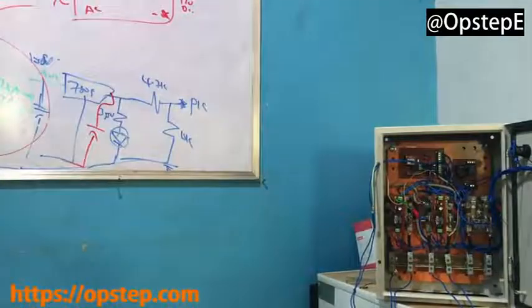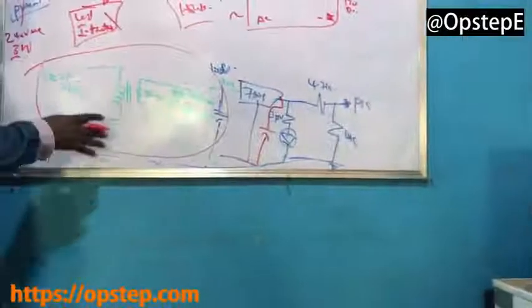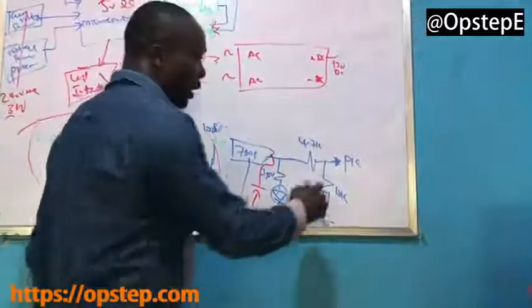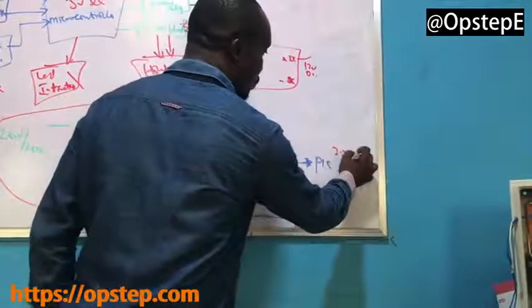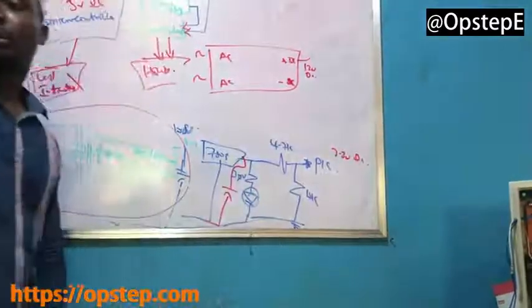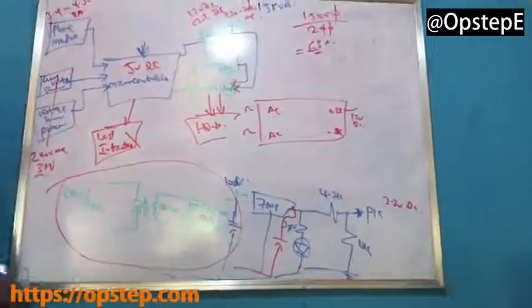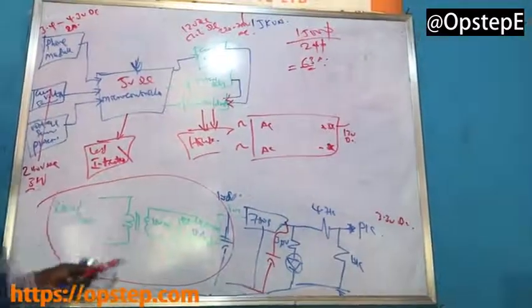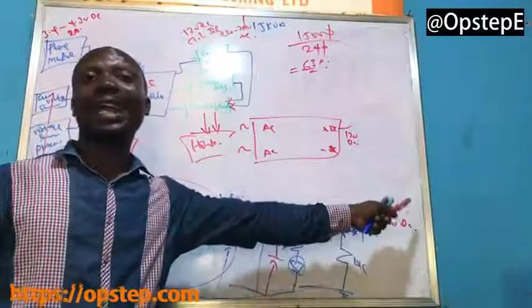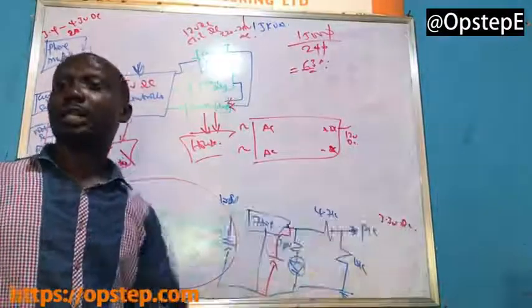So at the end of the day, every time voltage is available here, the PIC is not seeing 5 volts, the PIC is seeing around 3.3 volts DC. Does it make sense? Every time signal is here, it's seeing 3.3 volts or less.